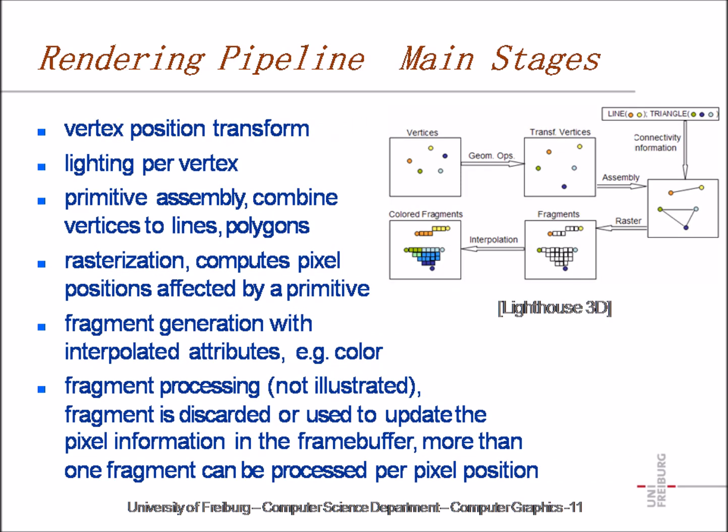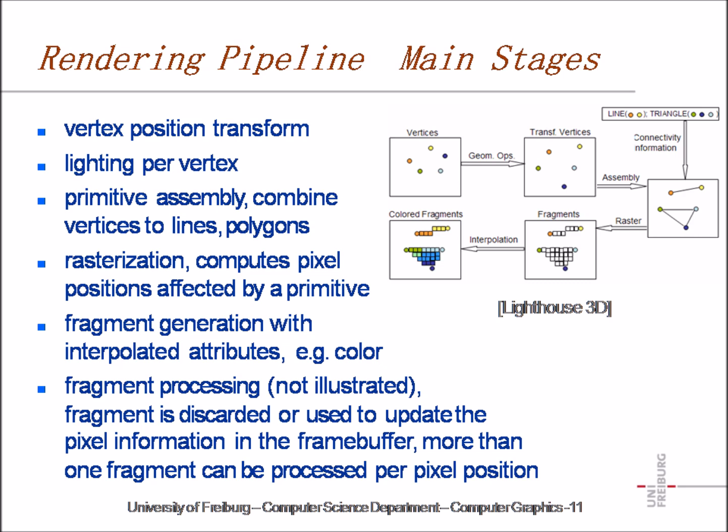Dear students, here you can see that the main stages of the rendering pipeline are pictorially represented in the figure shown at the right side of the slide. The 6 blocks represent the 6 major steps of the rendering pipeline and are connected with the help of arrows.